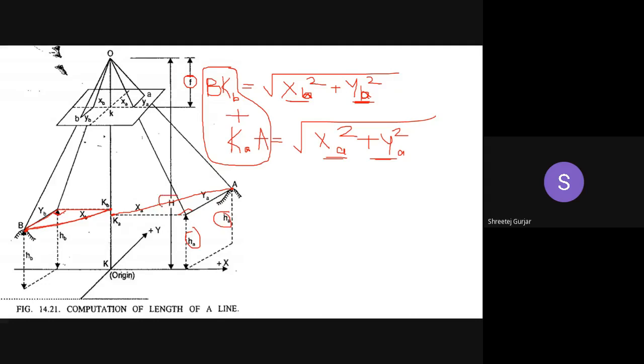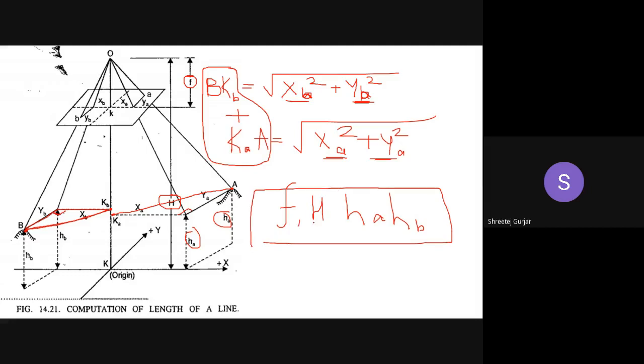We have to convert xa and xb in terms of these quantities so that we can substitute and calculate the distance from A to B.